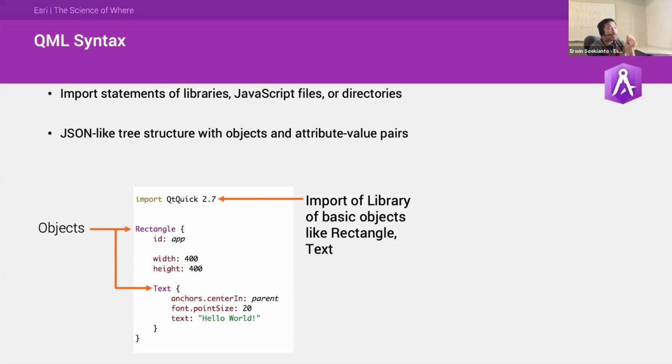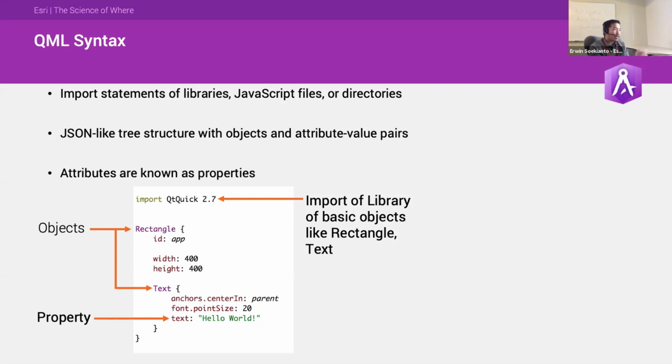If you notice the way the objects are nested, it looks like a JSON file, right? With attribute value pairs. Each component has its own properties that you can assign values to. Attribute is the term they use for the properties of a component.